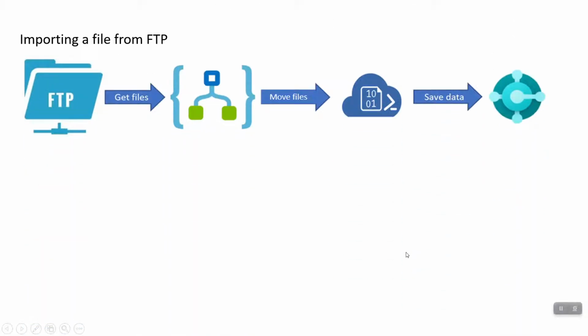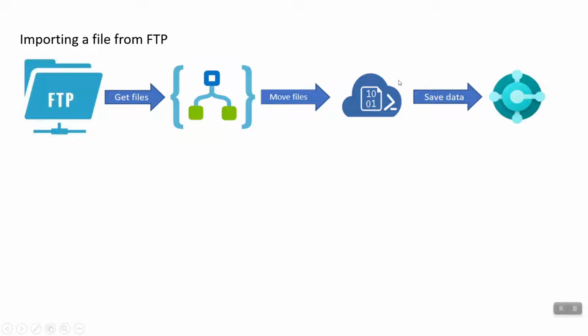Basically, whenever a user puts or inserts any files on the FTP server, we have to build a logic app. That logic app will look for files on the FTP server and move those files to Azure Blob Storage. From the Azure Blob Storage, we have to write code to fetch that data into Business Central.